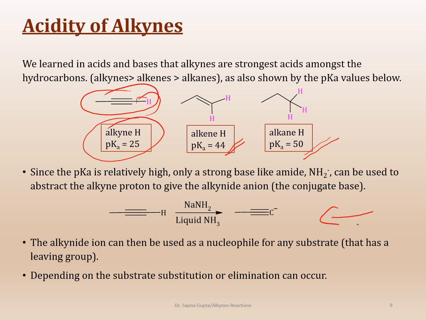So in a terminal alkyne, you have the hydrogen, and this proton is what's being picked up by the sodium amide. So again, we are dealing with sodium amide. That's a really strong base to pick up this proton. And then you get this conjugate base, which is called an alkynide ion. This alkynide ion is the conjugate base, and now what you've created is a base or a nucleophile.